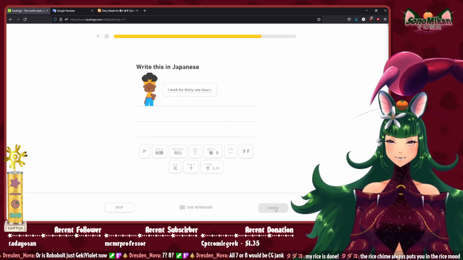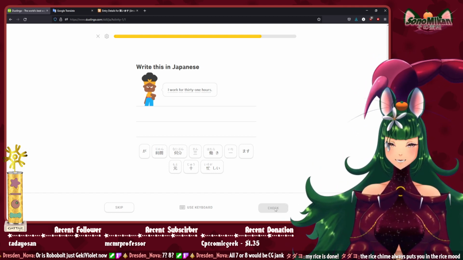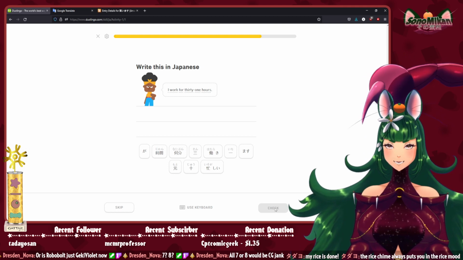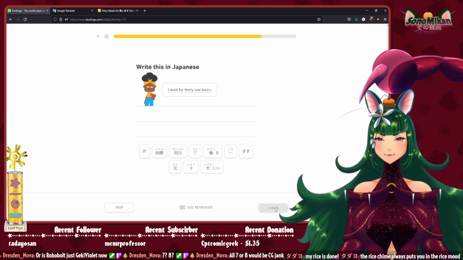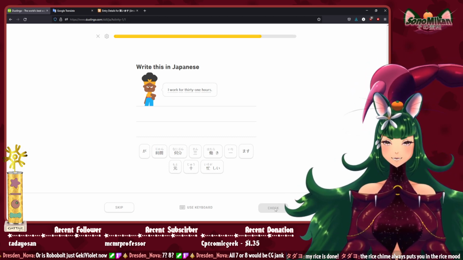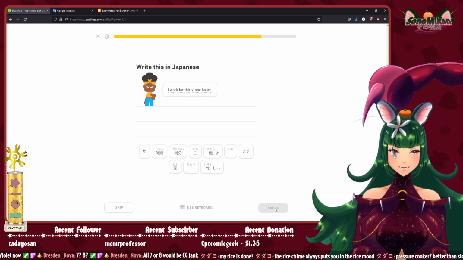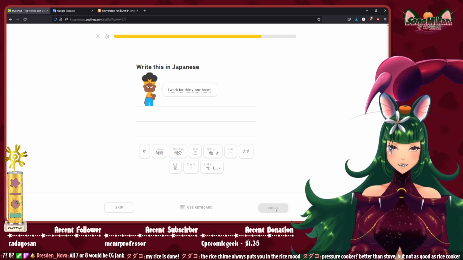I used it today to make okayu, rice porridge, because I've been having stomach troubles lately. My stomach's been bothering me, and okayu is very mild and doesn't upset my stomach, and usually if I eat it for a couple of days, it's enough to settle my stomach so I can eat normally.